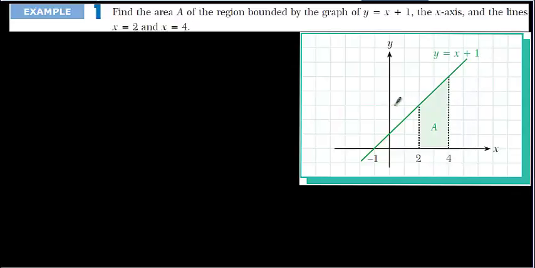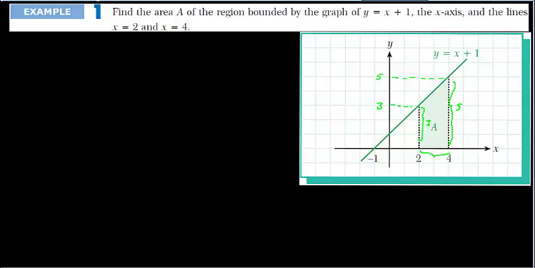When x is equal to 2, y is equal to 3, and when x is equal to 4, y is equal to 5. So the length from this point to this point is 5, and from this point to this point is 3.